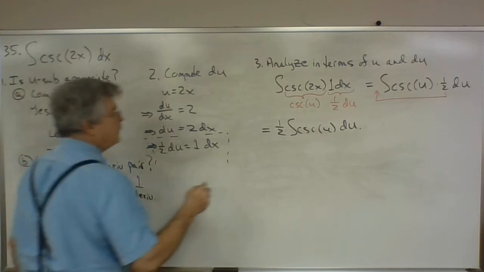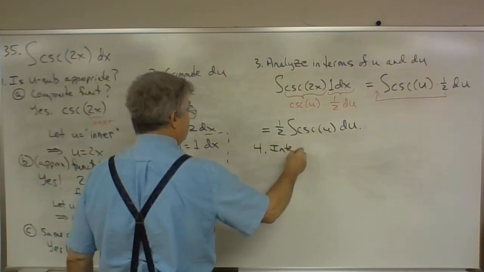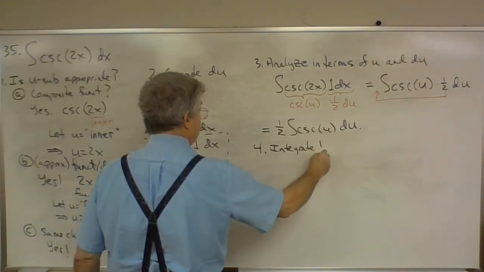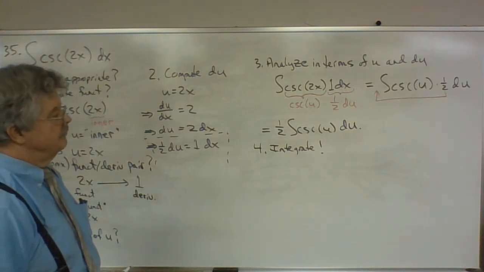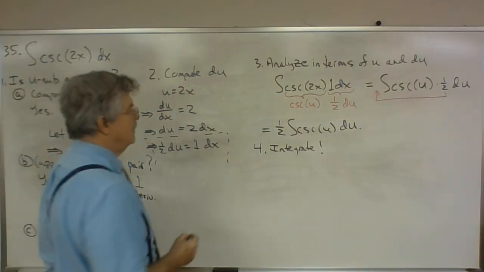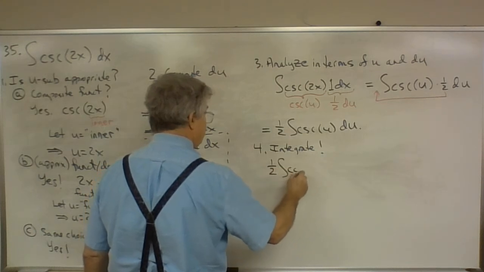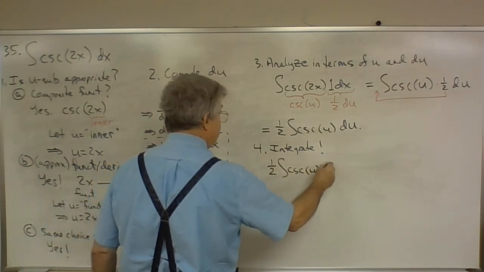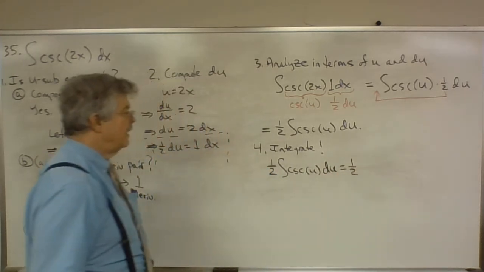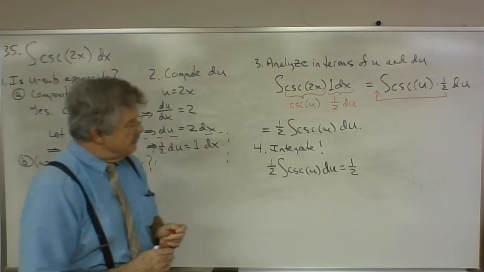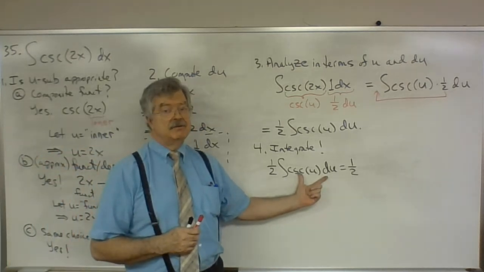Step 4, integrate. One-half antiderivative of cosecant u du is 1/2 times something. Now this is an integral form that we're not responsible for until we start taking Cal 2.